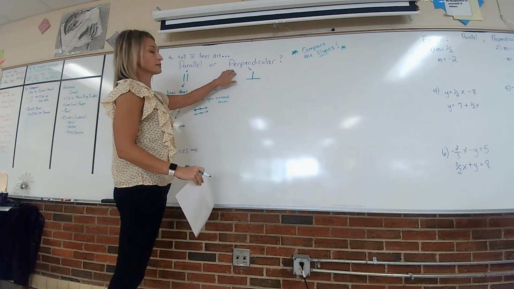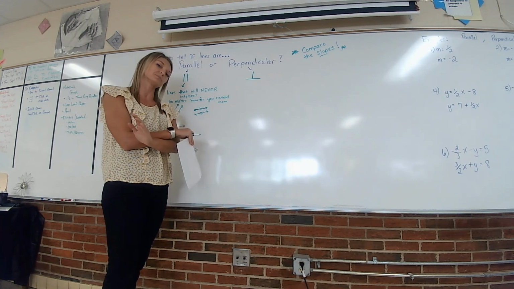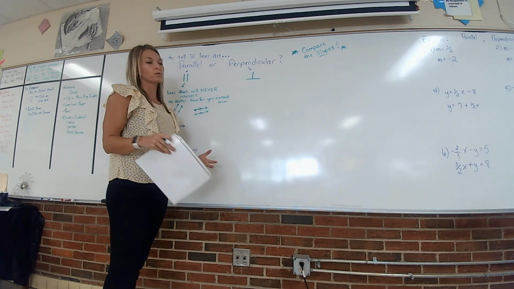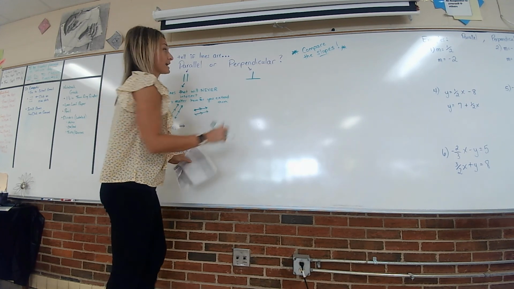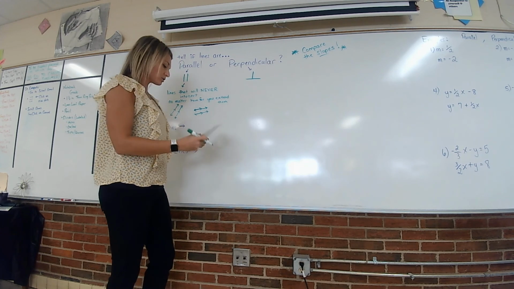Okay, so now perpendicular. A lot of people get confused about perpendicular lines, and they just think that if they cross, they're perpendicular. And it's a little bit more than that. Okay, so perpendicular lines do intersect each other. They do cross each other, but it's a little bit more than that.